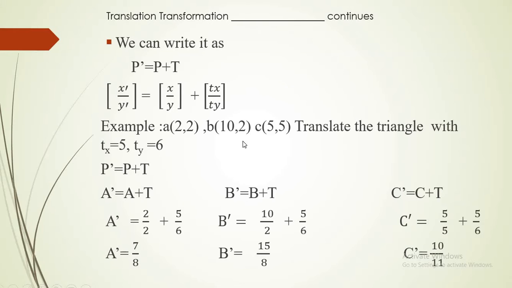In the previous lecture we discussed the example of translating a triangle with our shift vector. We were given tx and ty and the three coordinates a, b and c, and based on these formulas we get the new coordinates a dash, b dash and c dash.